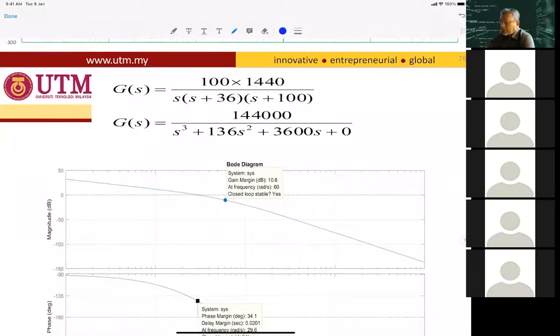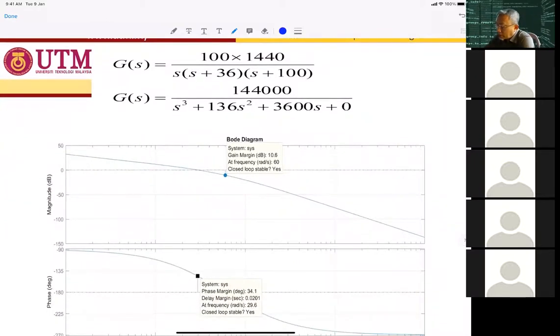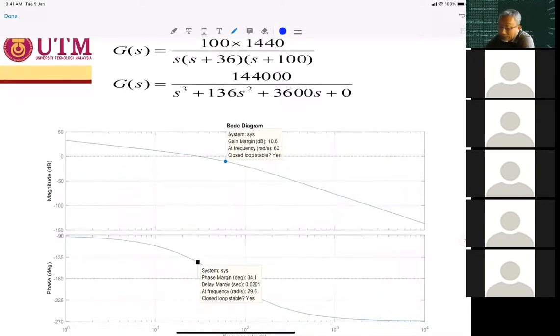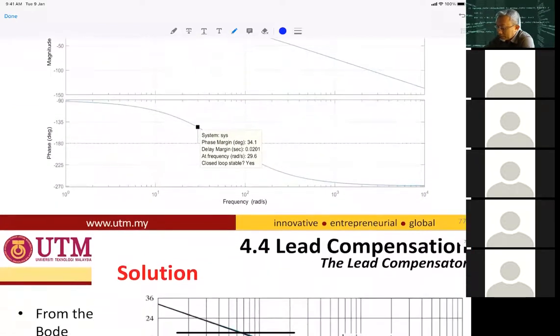So you draw it, and then you can see that the current open loop system is stable at gain margin 10.6 decibel and phase margin 34 degrees.